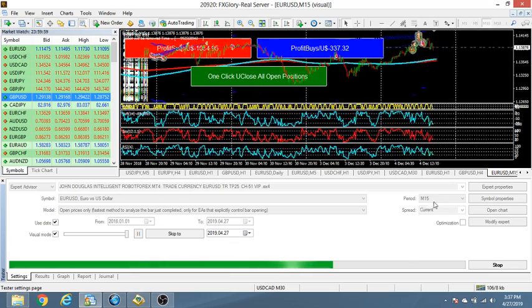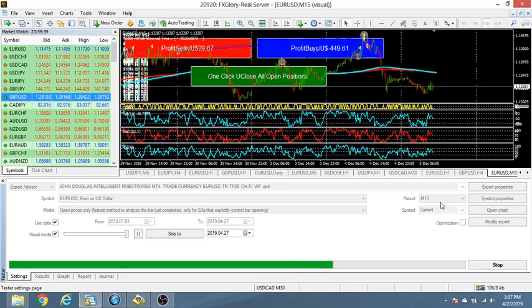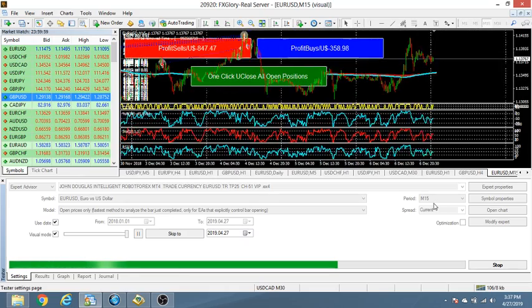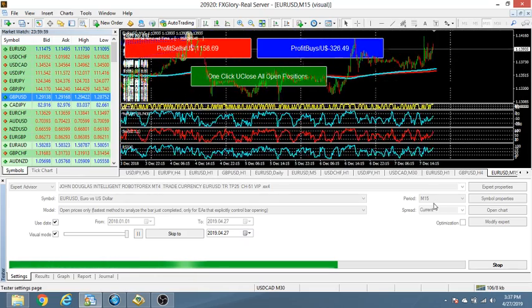It runs at 15-minute time frame. It can also run at 5-minute time frame, 30-minute time frame, 1-hour time frame, and 4-hour time frame.